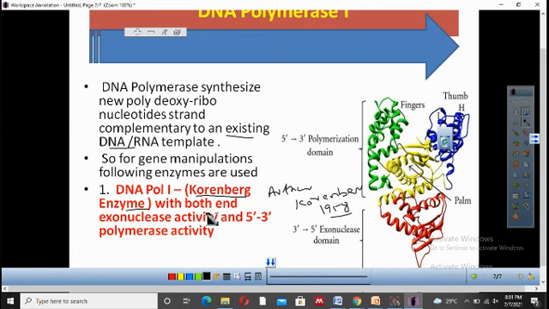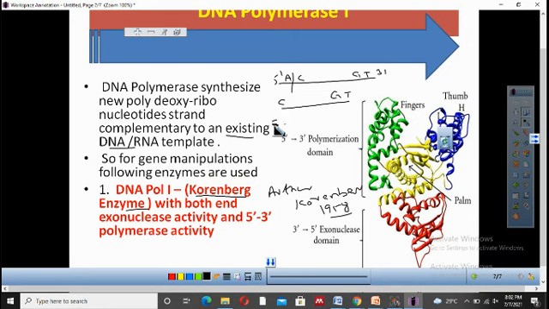So this enzyme has exonuclease activity at both ends. It means that if it is DNA, in the 5 to 3 strand, suppose this has the A, this has the T. So if it has both end exonuclease ability, it can remove this A, and it can get the C and G and T like that.